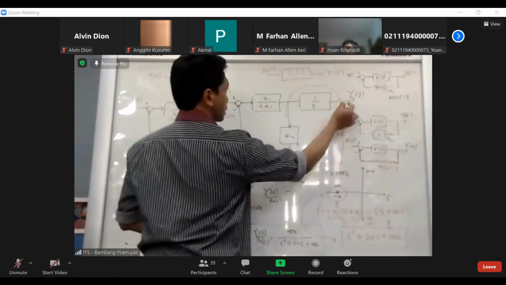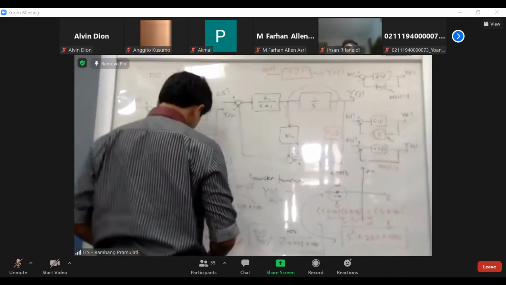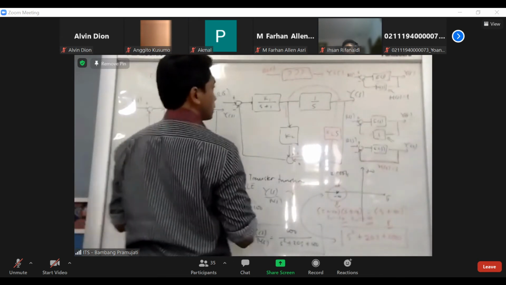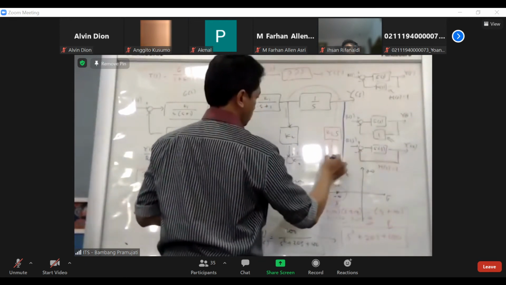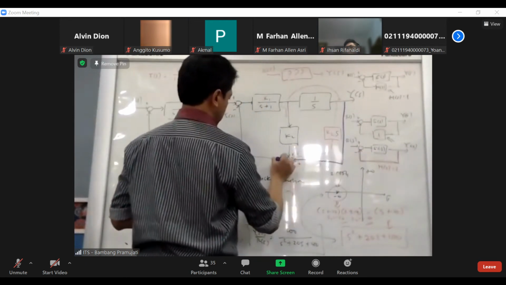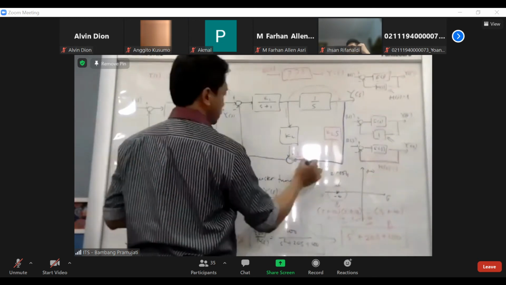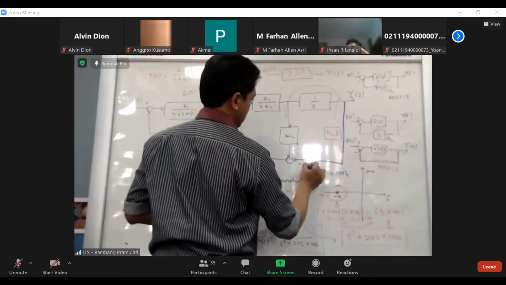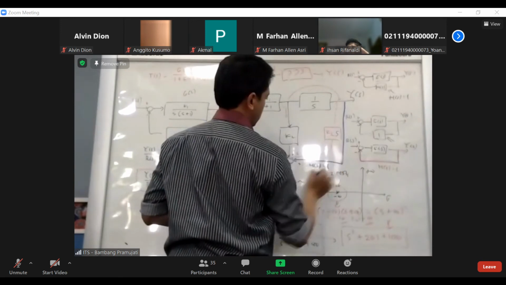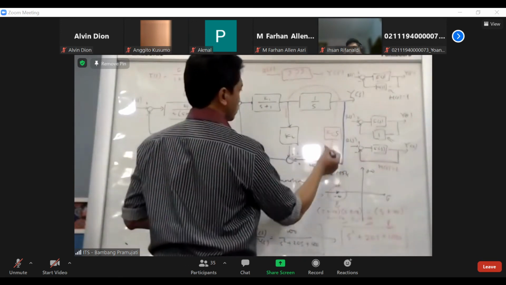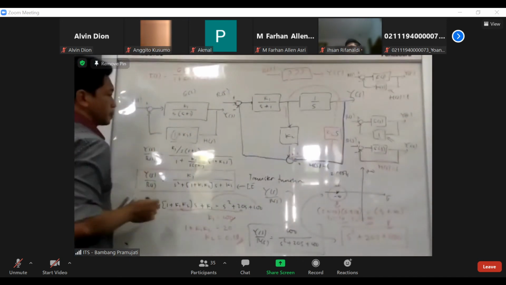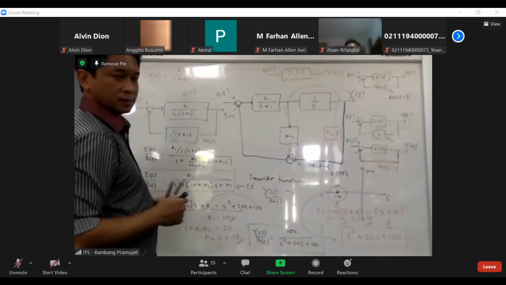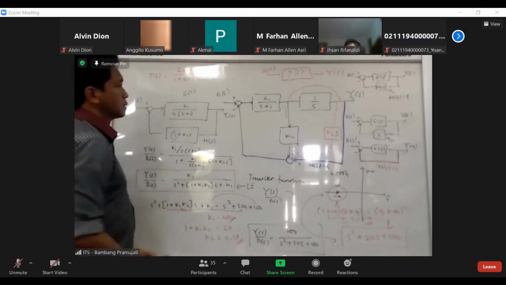Therefore, this line, I drew it in a different color, the blue line here, is actually H(s) equal to 1. That's why you have K2S plus 1. Yeah, sir. Thank you, sir.